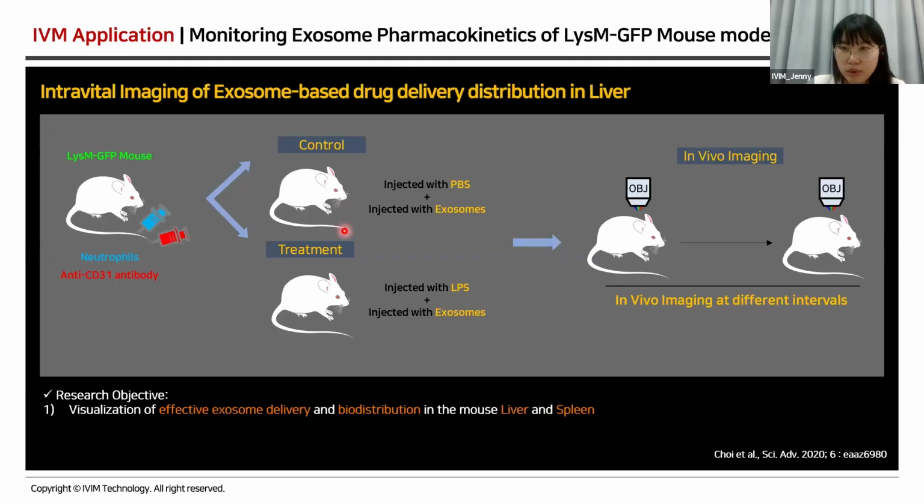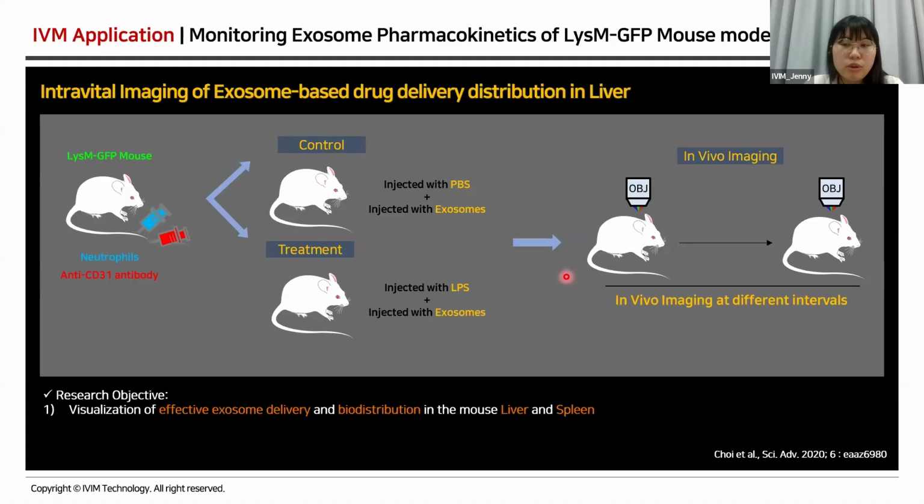Then the other group was injected with LPS, also known as lipopolysaccharide, to create the treatment group model, or the sepsis model. After this, the drug-filled exosomes were labeled with a red fluorescent dye, which were then injected into the mouse through intraperitoneal injection.